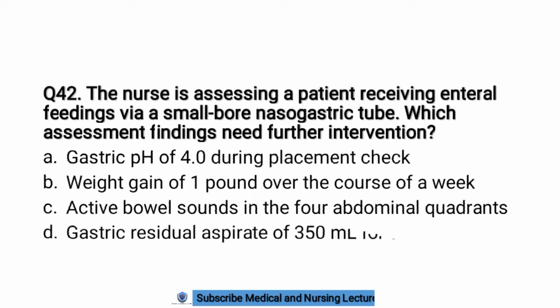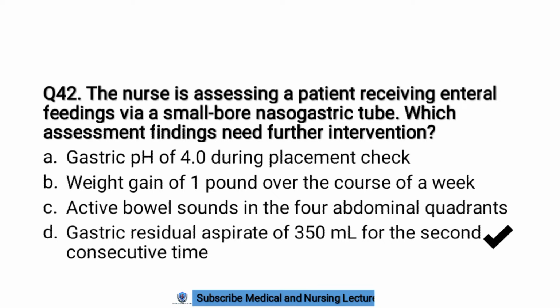The last option is option D, gastric residual aspirate of 350 ml for the second consecutive time. Here the correct option is option D. The patient needs further intervention if the gastric residual aspirate is 350 ml for the second consecutive time.